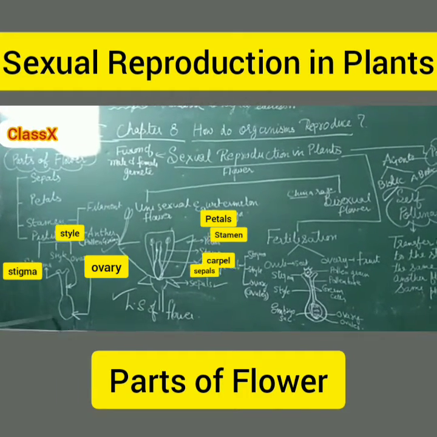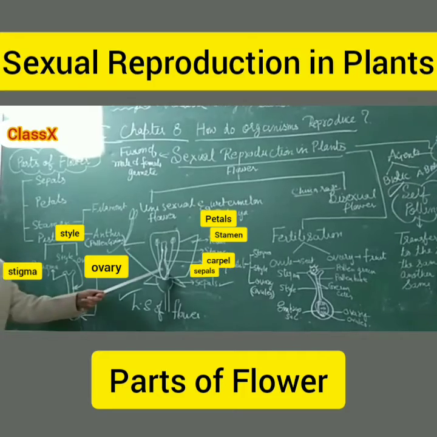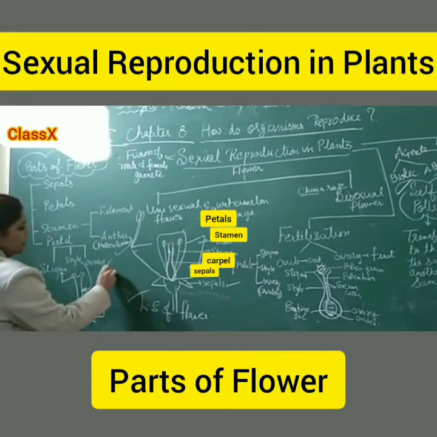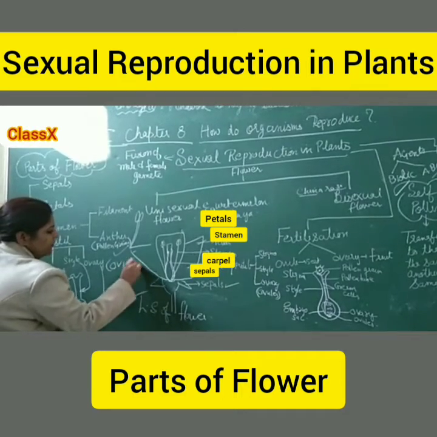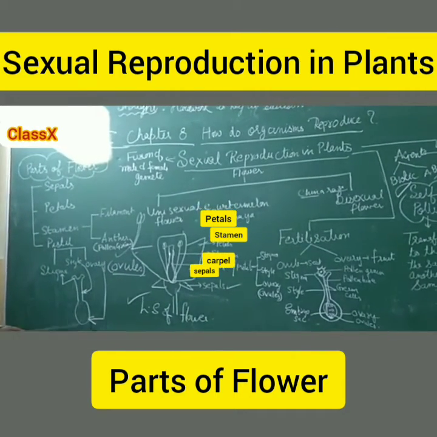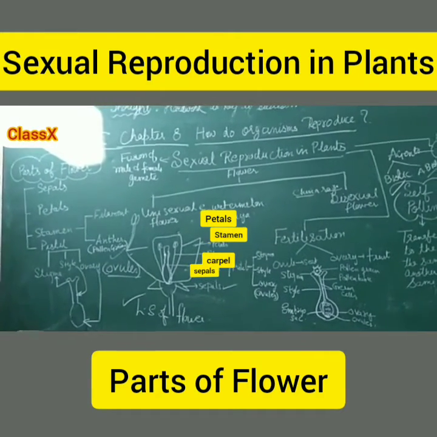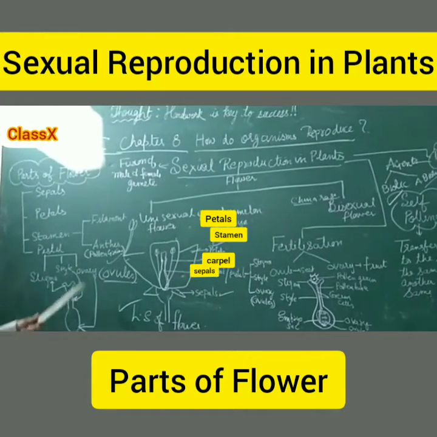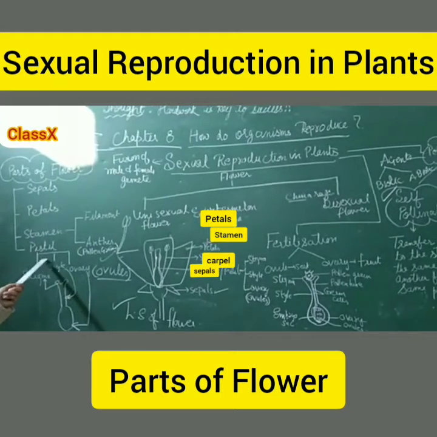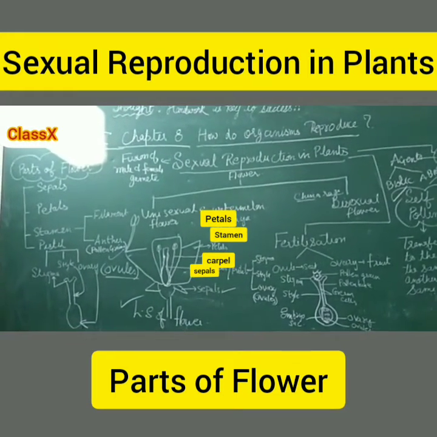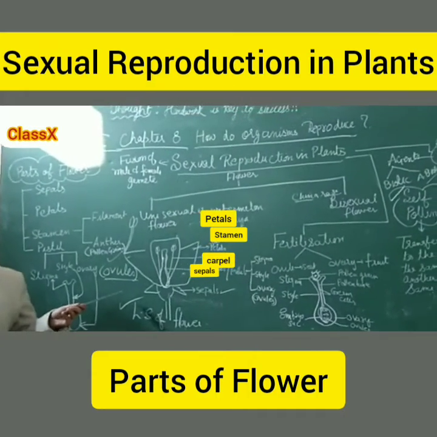Right? In this ovary, the female gametes which are called ovules are present. So if the question is to name the female reproductive organ of the plant, the answer will be pistil or carpel. If the question is to name the female reproductive gamete of the flower, the answer will be ovule.